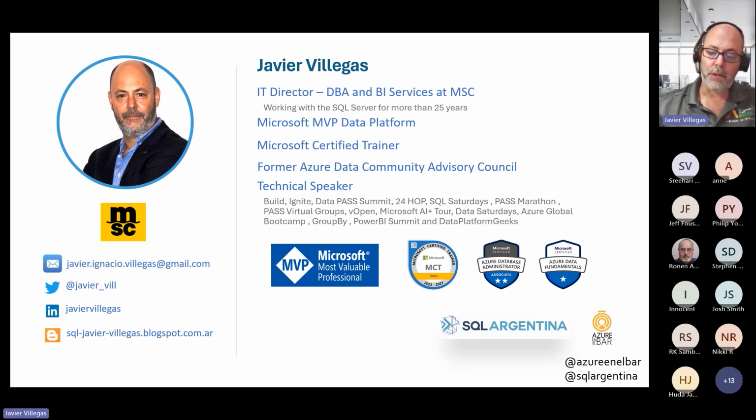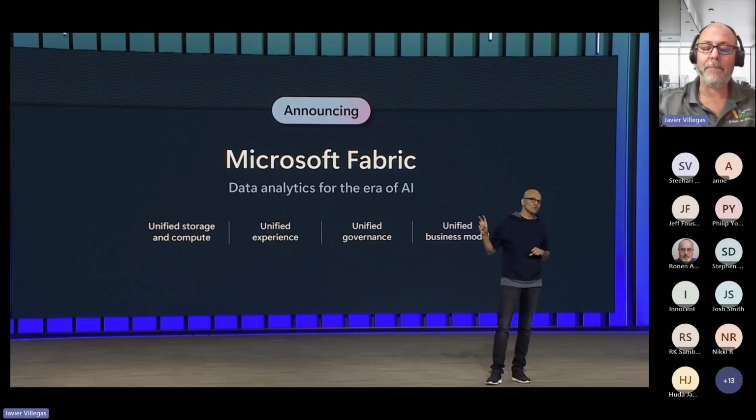So, Fabric, as I said, was presented a few months ago as public preview during the Build conference. What does public preview mean? Well, basically, Microsoft opens the possibility to everybody to start using this solution. And the caveat is that it's still not ready to be GA, general availability, right?